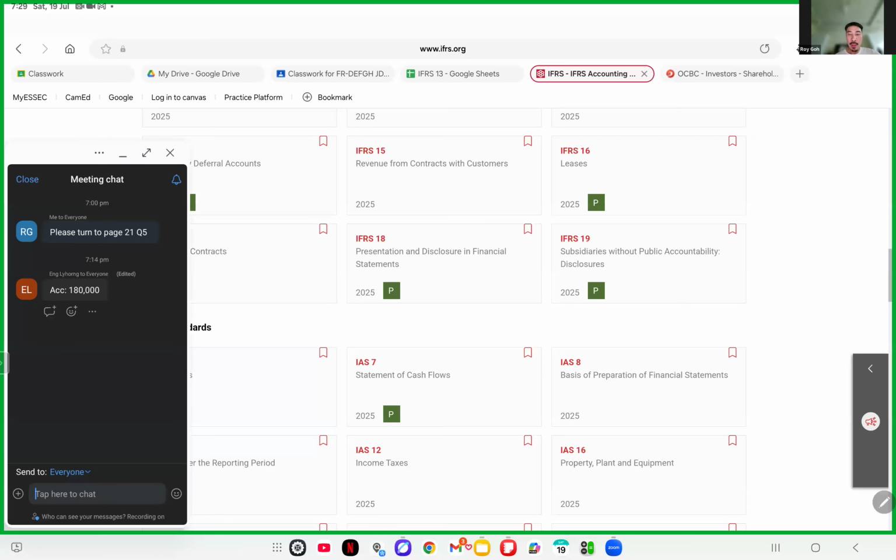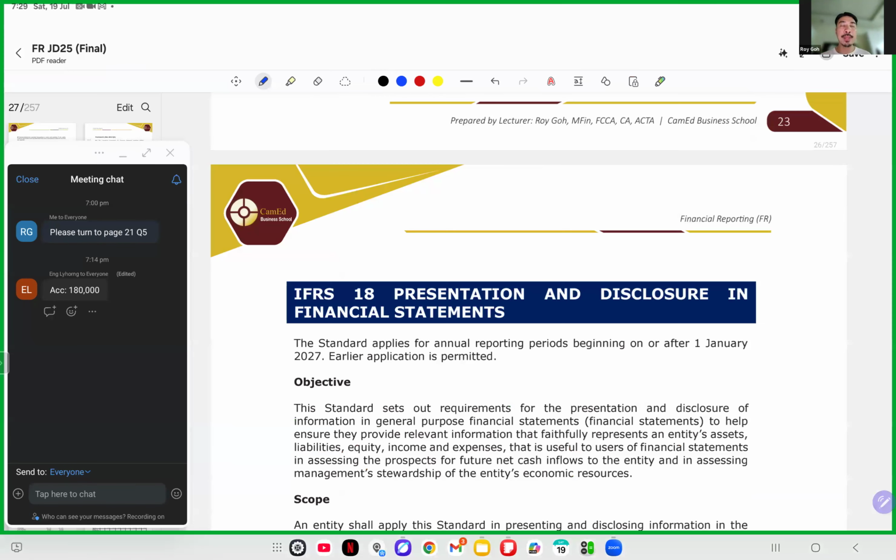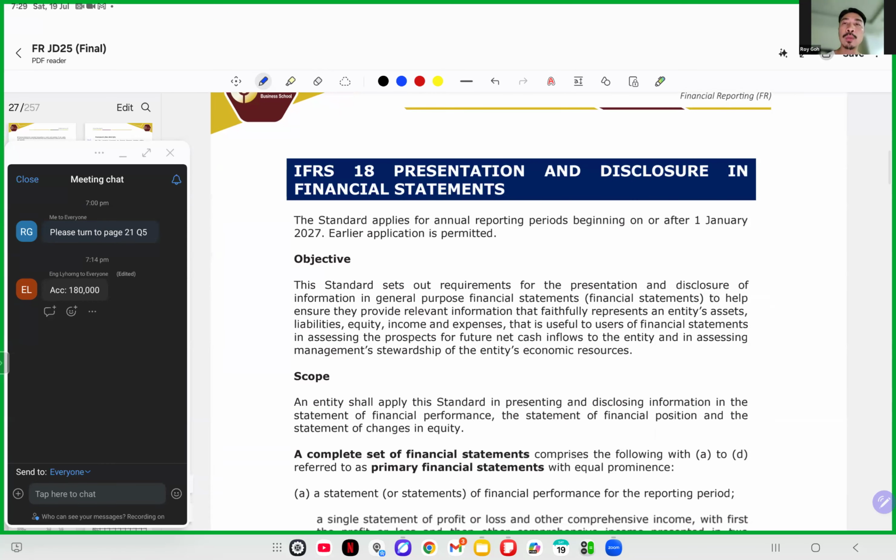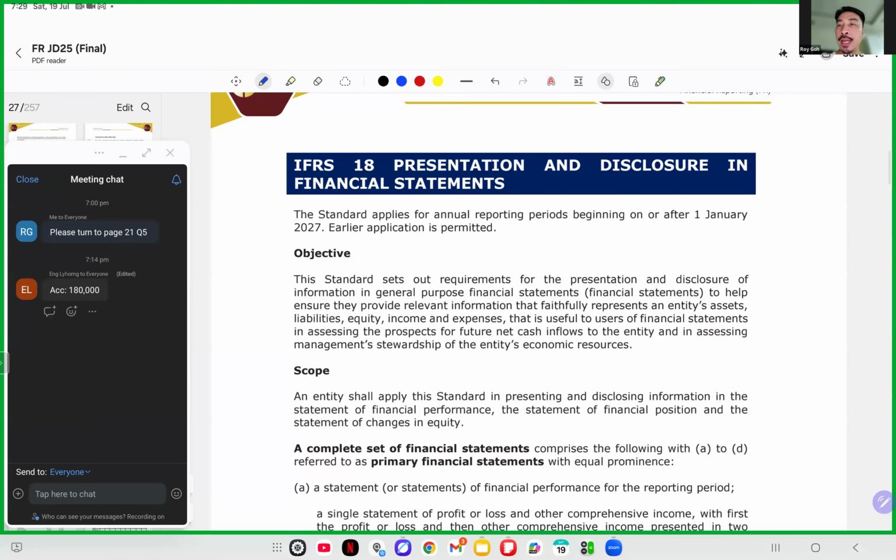So what you're learning is not company application yet, because IFRS 18 is only applicable from the 1st of January 2027 onwards. Is it applicable today? Not yet. Although early application is encouraged, if you don't apply this, it is still fine.